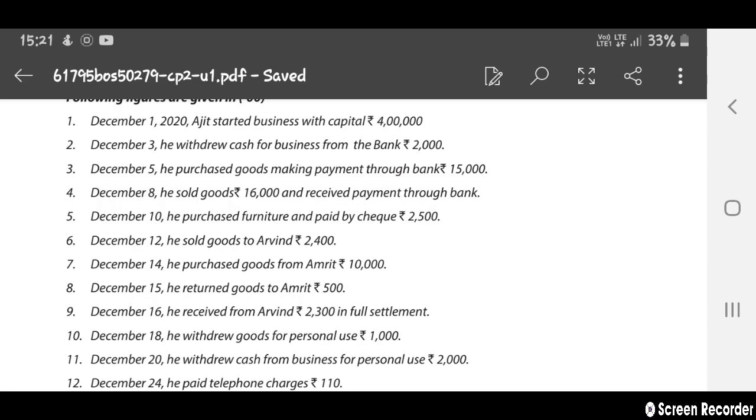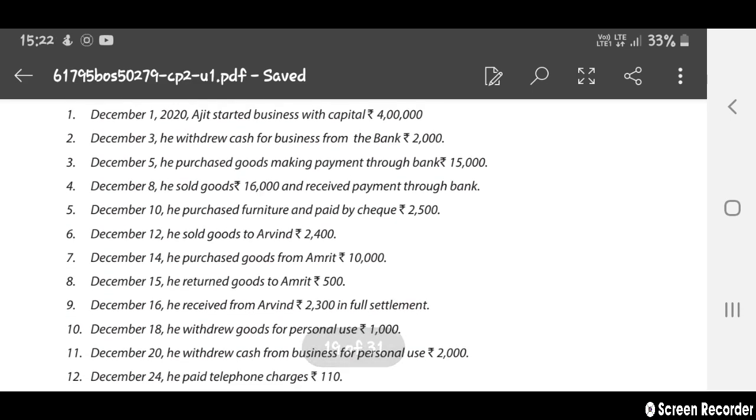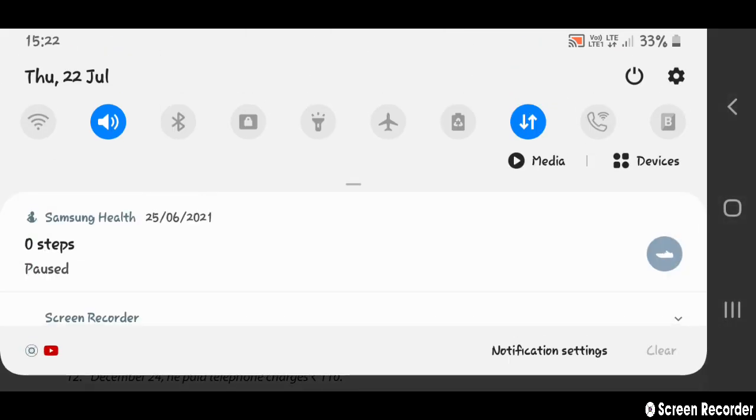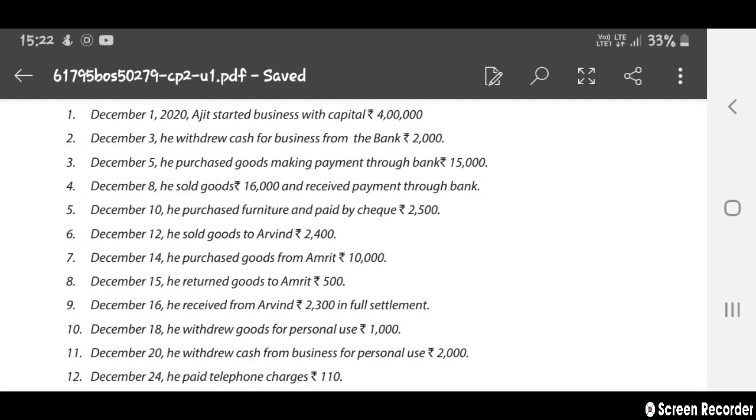On December 8, he sold some of the goods for rupees 16,000 and received the payment in his bank. On December 10, he purchased some furniture, then he paid by check rupees 2000. Next is 2500, paid by check.